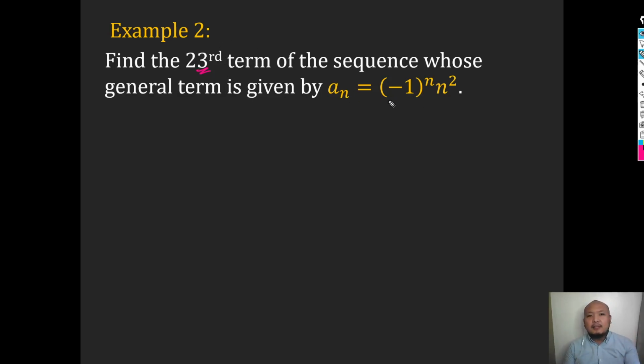And since I have my general form here of my explicit formula, a sub n equals negative 1 raised to the nth power times n squared. So pag hinahanap mo si 23rd term, simple lang, plug in mo lang si 23 instead of n. So that's gonna be negative 1 raised to the 23rd power, then 23 instead of n, and then squared.